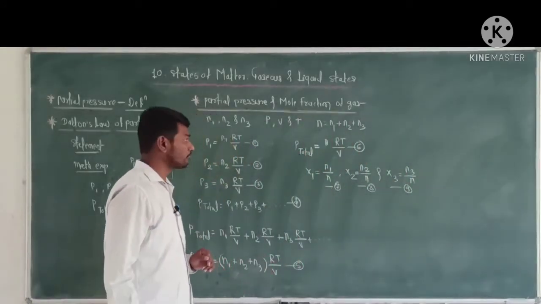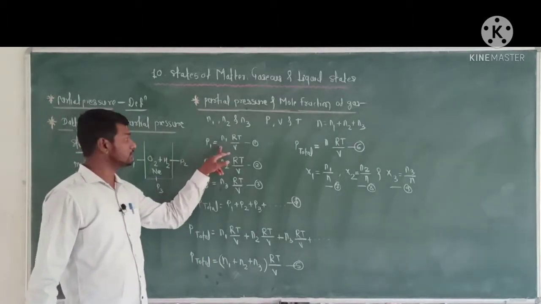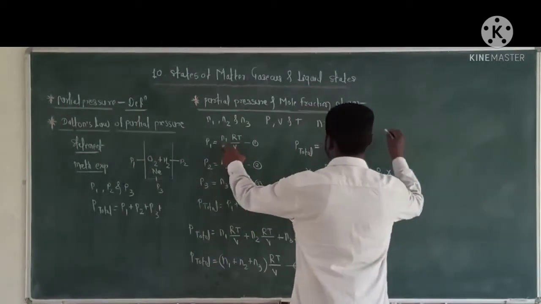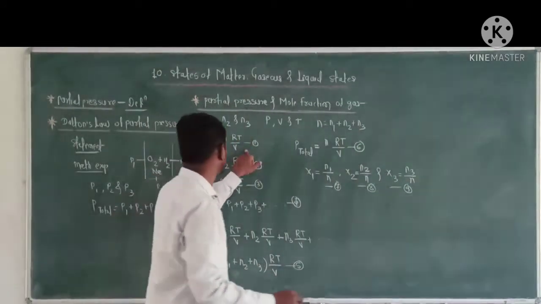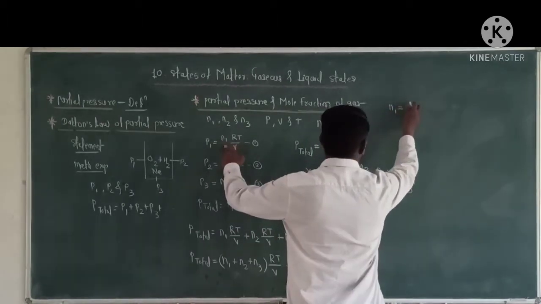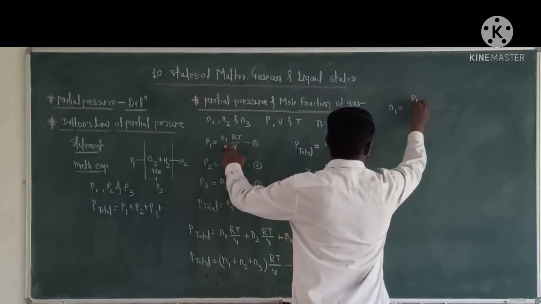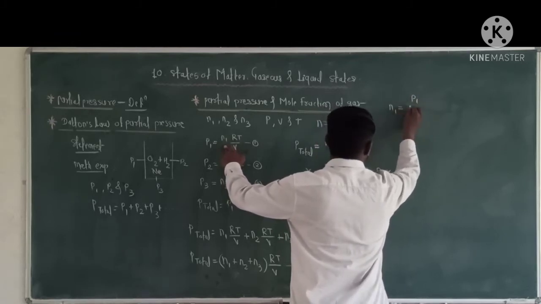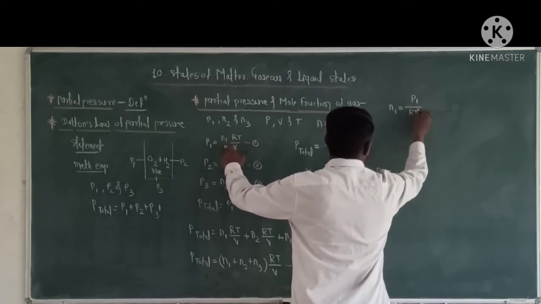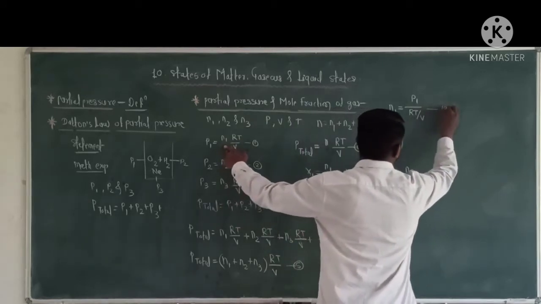Now rearrange equation number 1, we get the value of n1, that is n1 is equal to P1 divided by RT upon V. This is equation number 10.